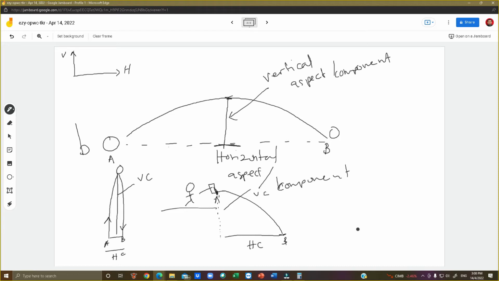Ataupun kita main basketball. We play basketball. Have a ball. We have a basket. And you throw. So this length, up until the length of here, is your horizontal component. And the peak of the pathway to the base, this is vertical component.